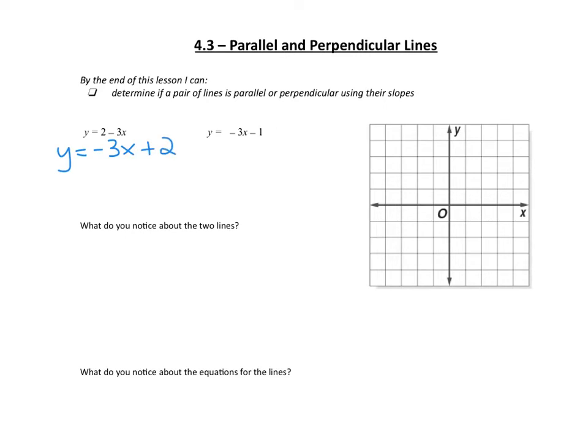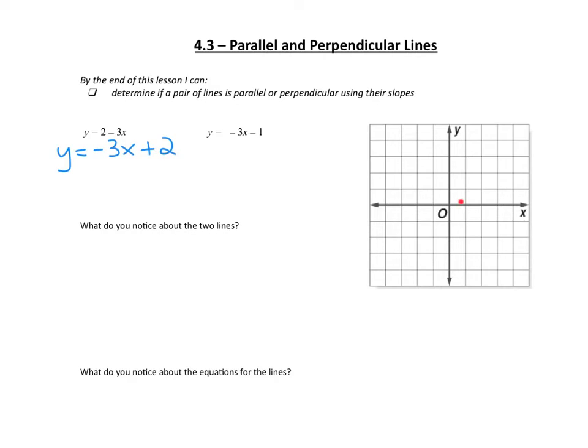We're going to take these equations and graph them onto the grid using the slope y-intercept process. That means we're going to start by identifying the y-intercept, or the b value, in the equation. For this first equation, the y-intercept is a positive 2.